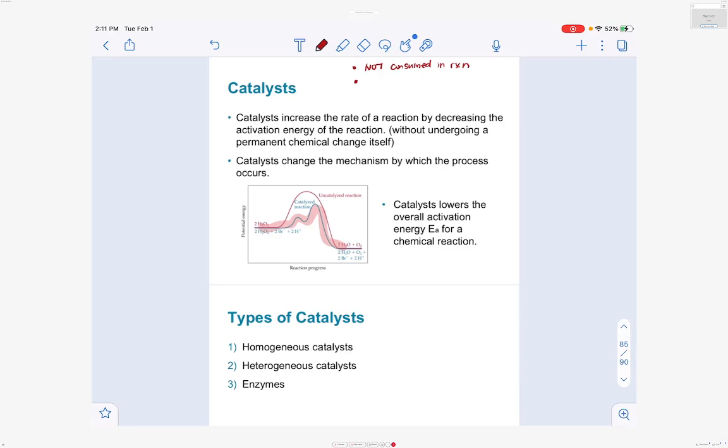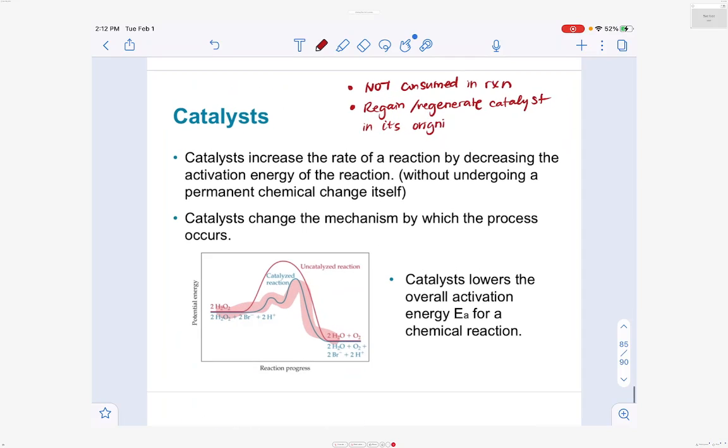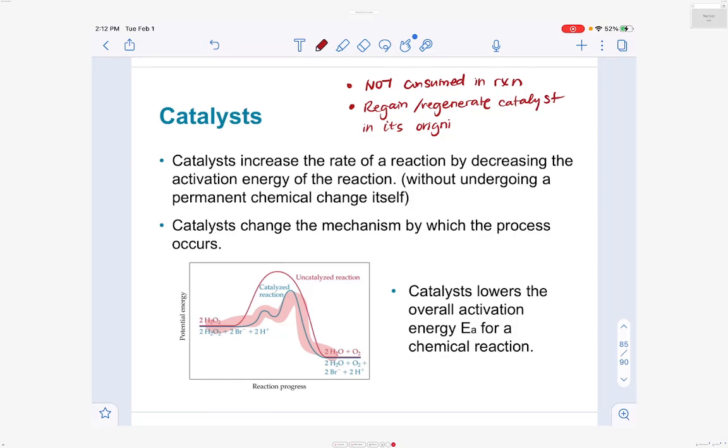You will regain or regenerate the catalyst in its original form at the end of the reaction.